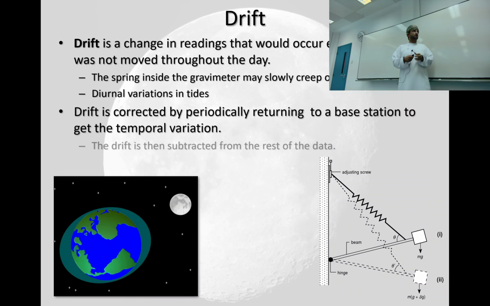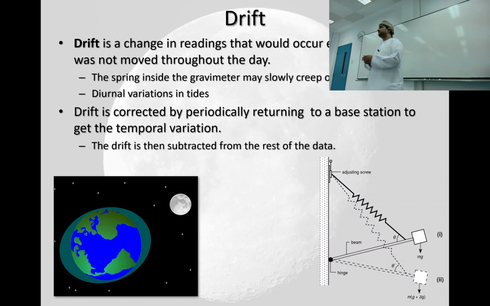The other is diurnal variations, because of tides. We know that there is a force between the moon and the earth, and the moon and the sun. When will the maximum pull be? When the moon and sun are aligned on one side, they pull the earth together.